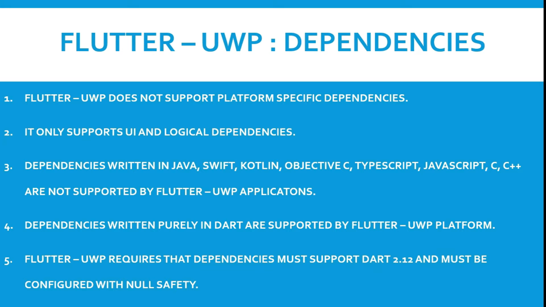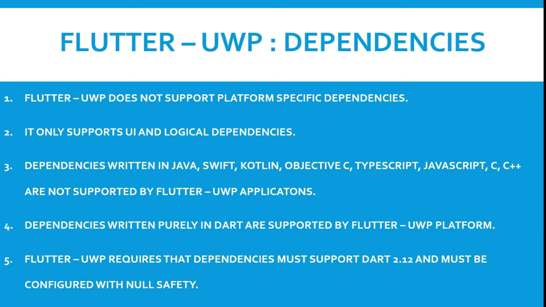It means all the dependencies related to UI components such as drawer, bottom navigation bar, tab bar, and the app bar are supported by Flutter UWP, and dependencies with minimal logical functionality such as mathematical operations and string operations are supported as well. Dependencies written in Java, Swift, Kotlin, Objective-C, TypeScript, JavaScript, C, C++ are not supported by Flutter UWP applications.